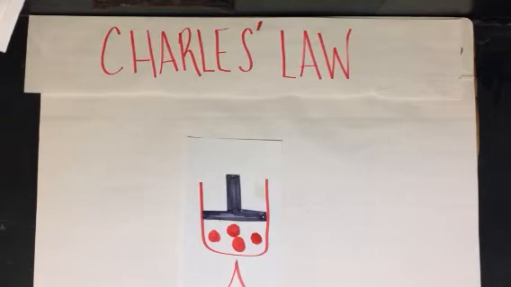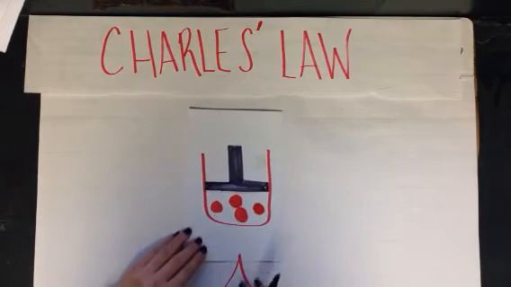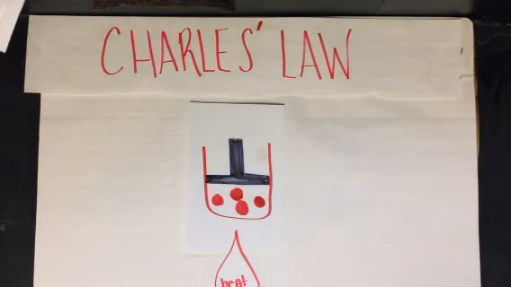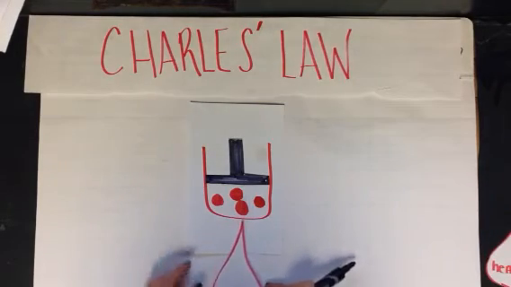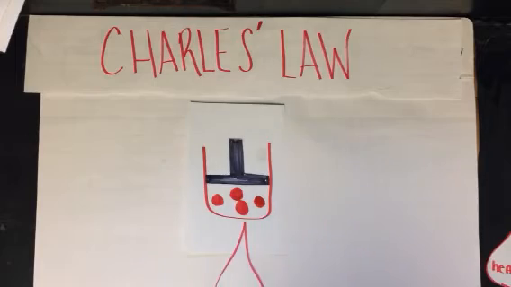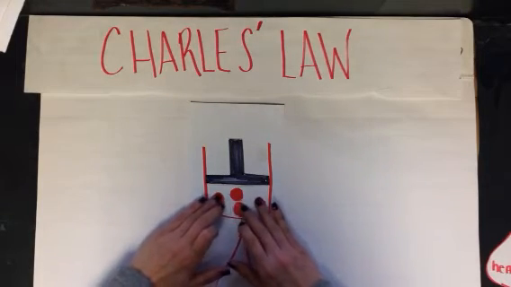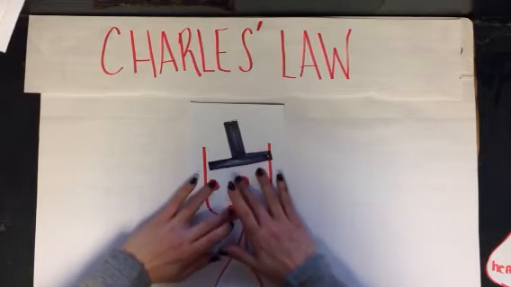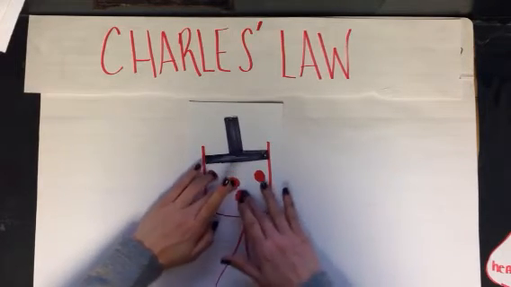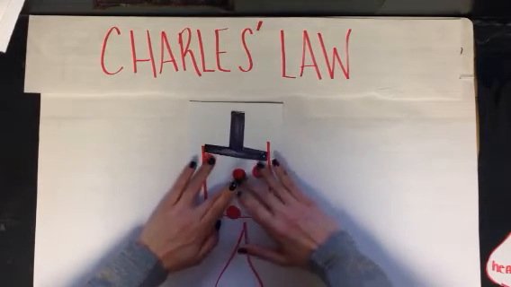Well, what if I decide to increase that heat? So not only do I have heat already going in, I now have more heat. Well, what starts to happen is the kinetic energy of these gas molecules starts moving around faster, and look what happens to the volume of the gas. It starts to expand.